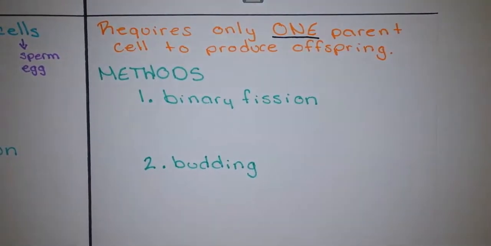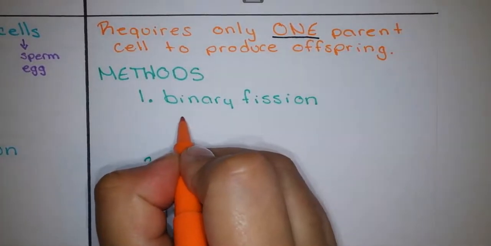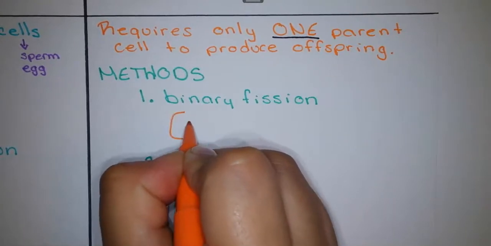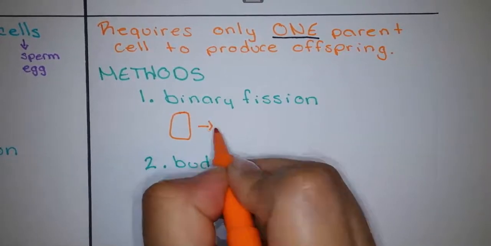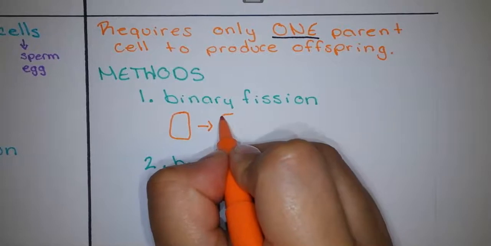Now, in binary fission, we are going to have our parent cell, and then that cell is going to start splitting in half.